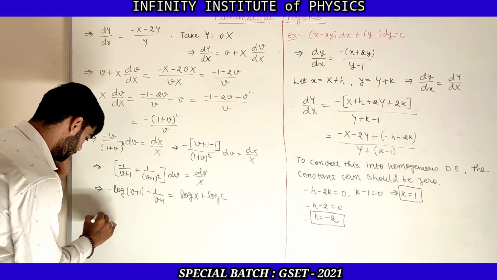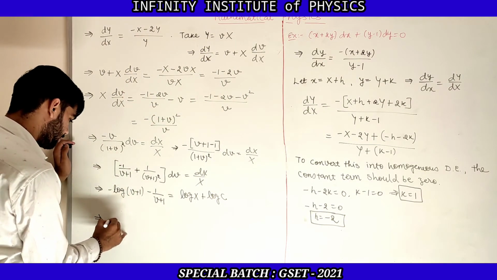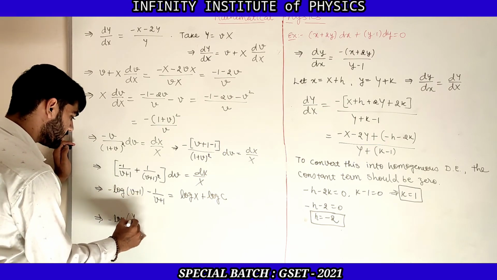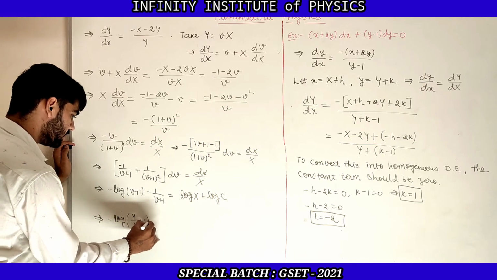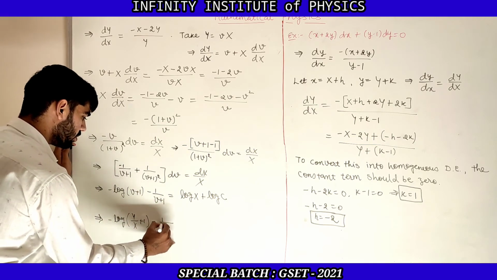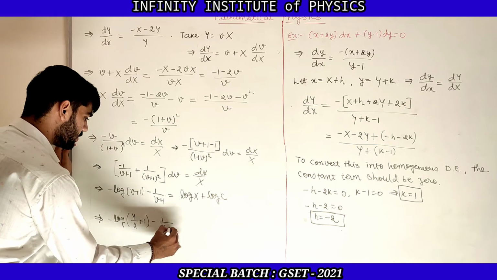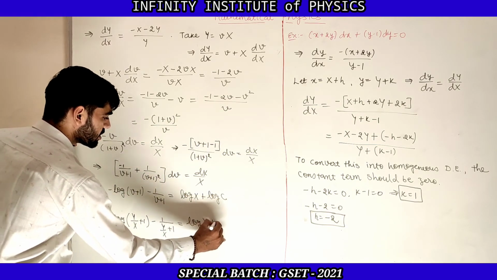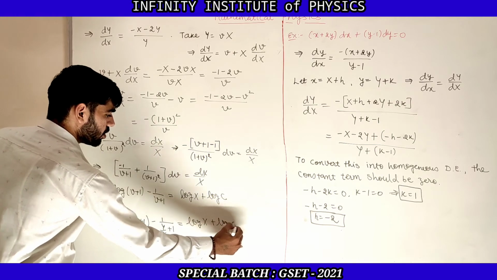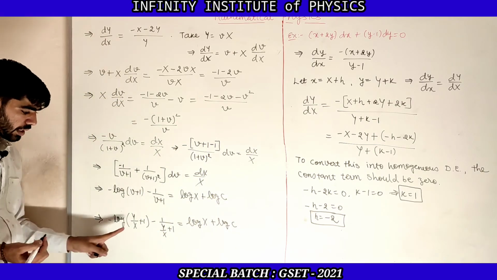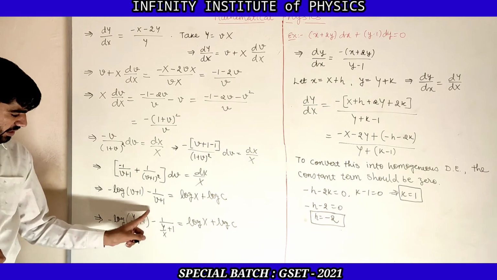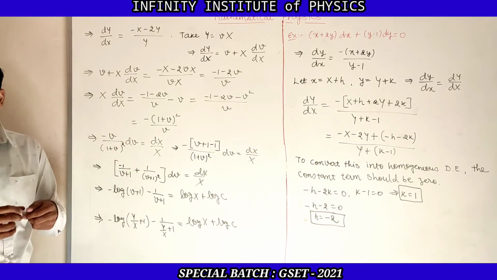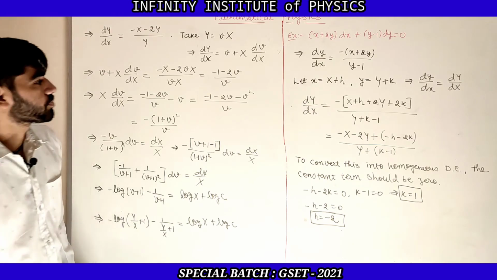So this is minus log of v, that is y by x, plus 1 minus 1 upon y by x plus 1, which is equal to log x plus log c. Now let us take x as an LCM. Also let us take x as an LCM, and x will go to the numerator part.